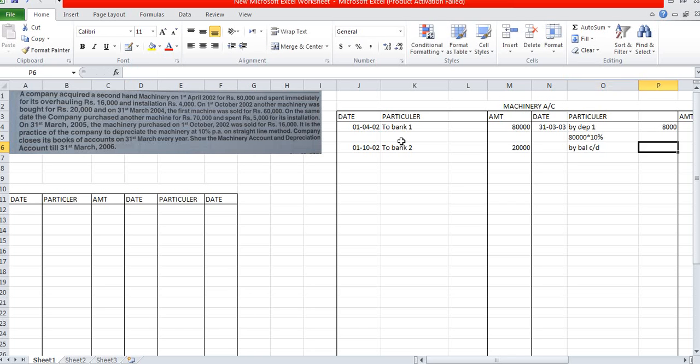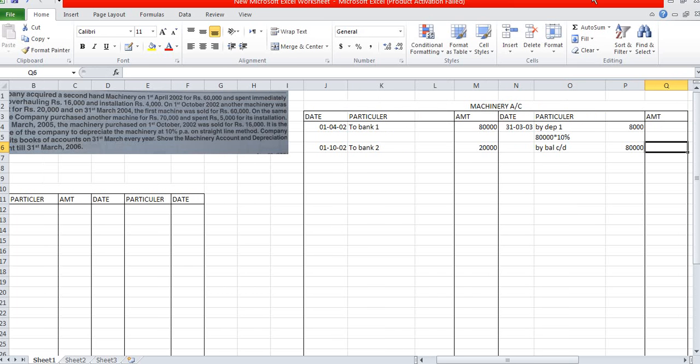After deducting this 8,000 from 80,000, this 8,000 should be in red. Here what you will get, 72,000.